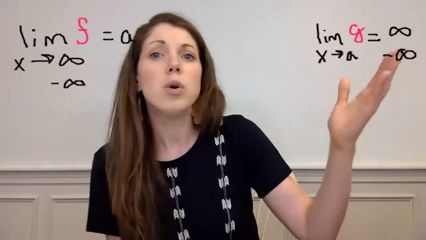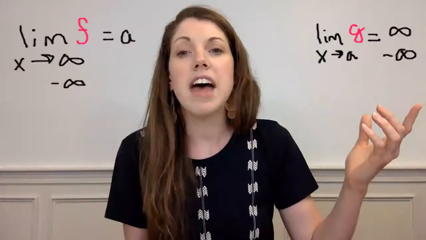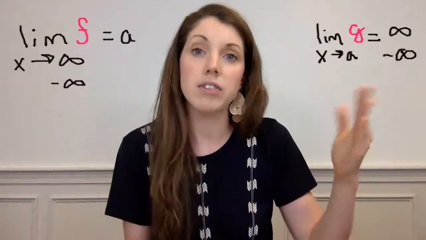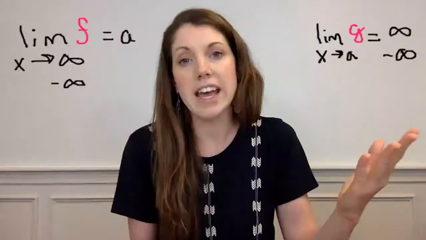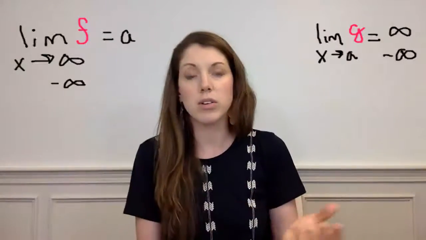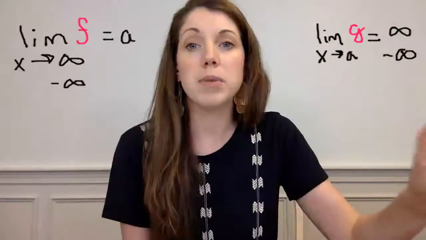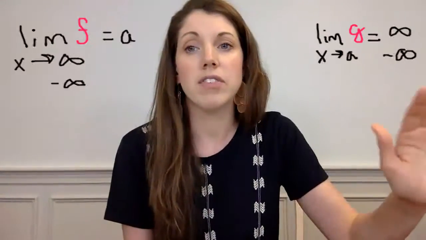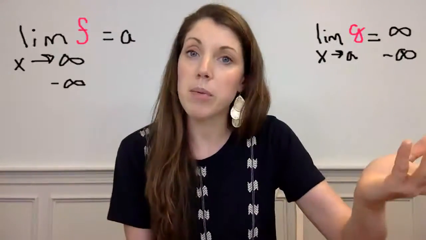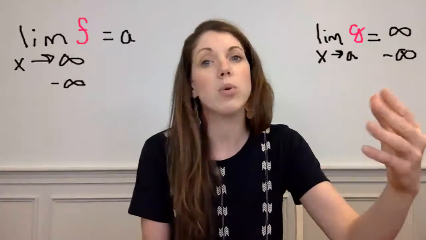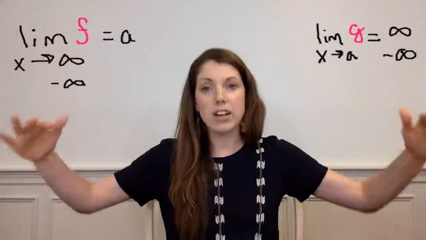On the other hand, we have limits where x approaches a specific number, x approaching a, so it could be approaching 1, 0, or 10, it doesn't matter, where the answer turns out to be negative or positive infinity. Well, the example that we saw in the last section was the graph of 1 over x squared.